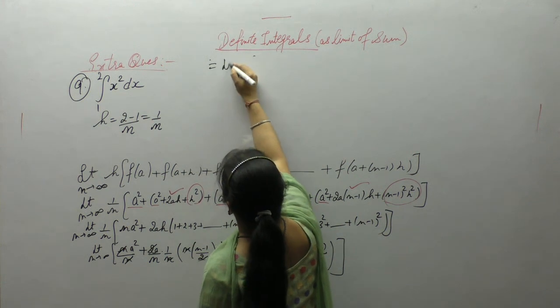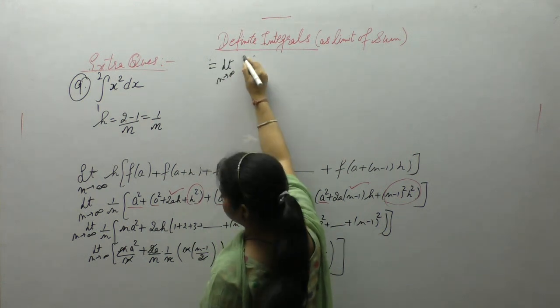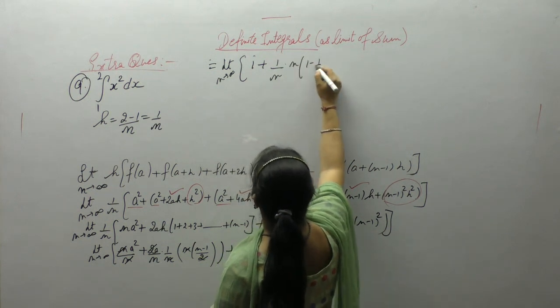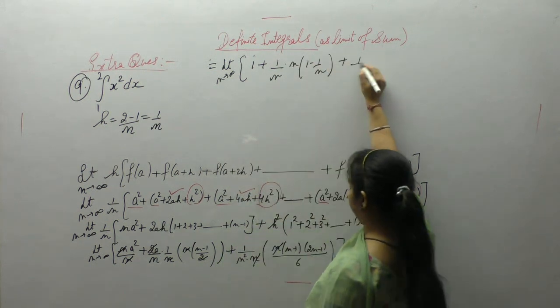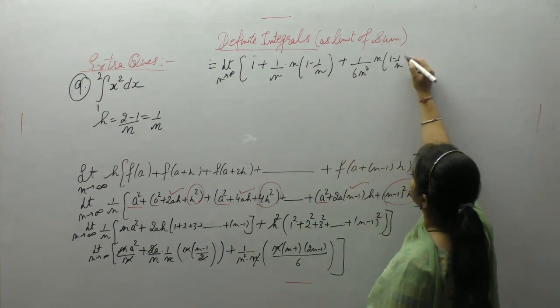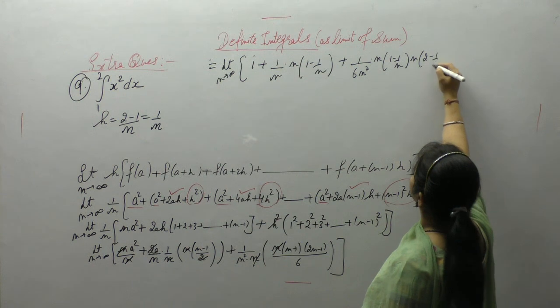What is the value of a? It is 1 square, 1 by n, 1 minus 1 by n, 1 by 6n square. By taking n common, 2 minus 1 by n.